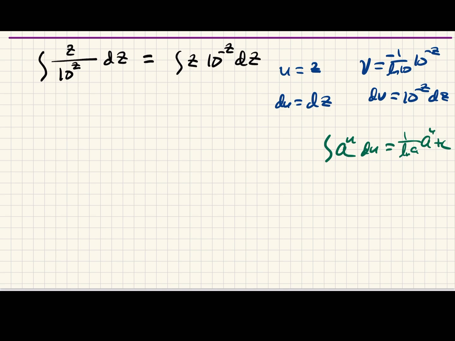Okay, so here we go. We have our u, v, and du. So our integral then is going to be integral z 10 to the minus z dz.